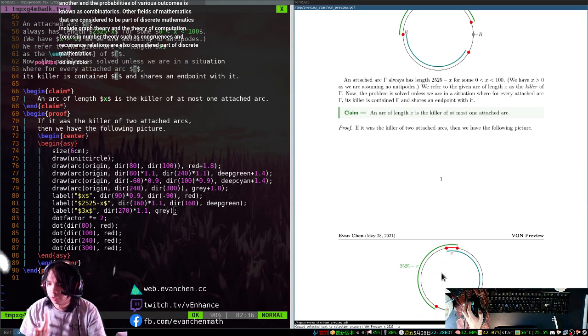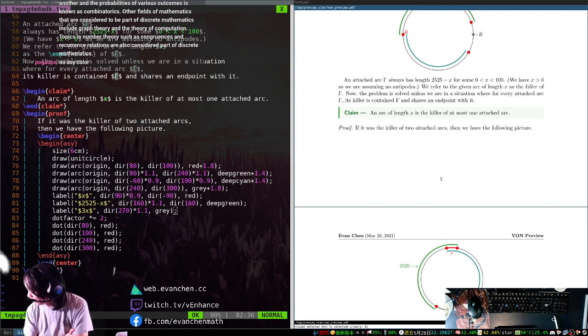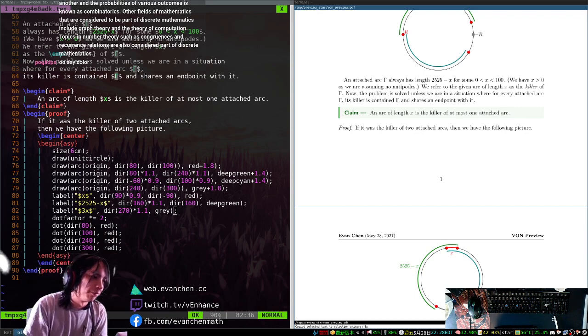Okay, if x is less than 50, I can use 2x, and because I have this gap of length 3x, I should be okay. Oh shoot, then I lose that nice 100 thing I had. That's okay, we'll just roll with it.